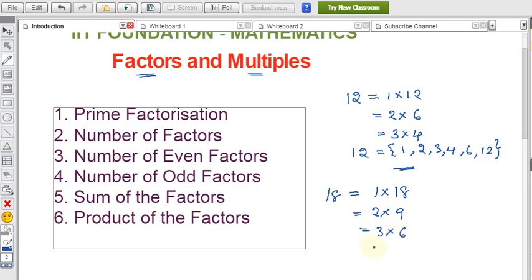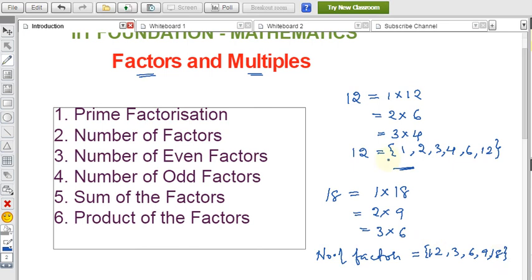It's not divisible by 4 or 5, and again 6 into 3 repeats. So the number of factors for 18: 1, 2, 3, 6, 9, 18. These are the factors of 18.